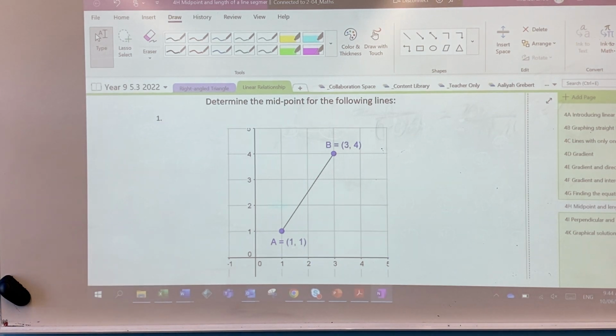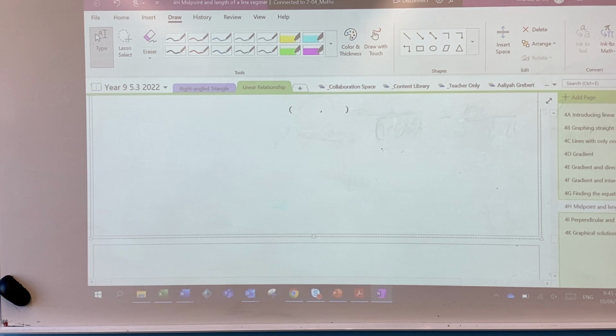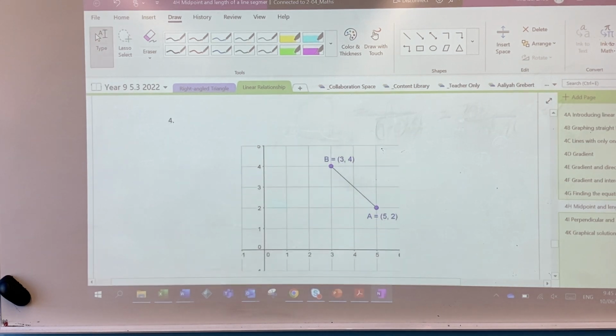Find the middle point between A and B. Okay, try the negative case.